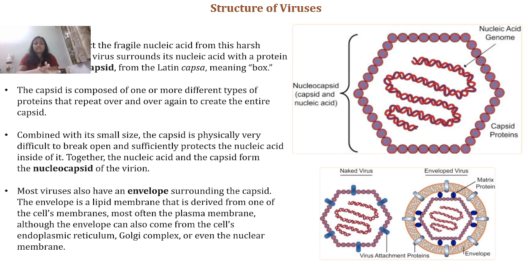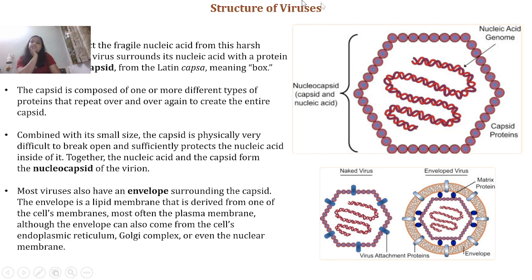It comes from the Latin word capsa, meaning box. So here you can see this is the genome, be it DNA or RNA. It can be double stranded or it can be single stranded. It wants to protect its genome from the environment, so it forms a shell outside it. The shell is known as capsid.